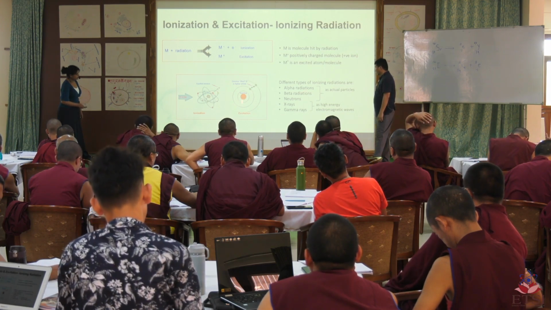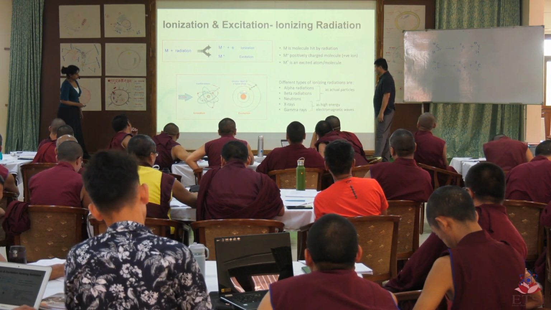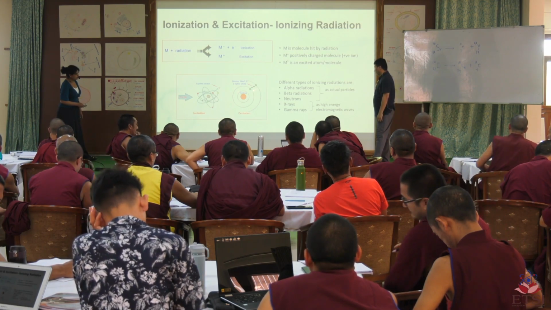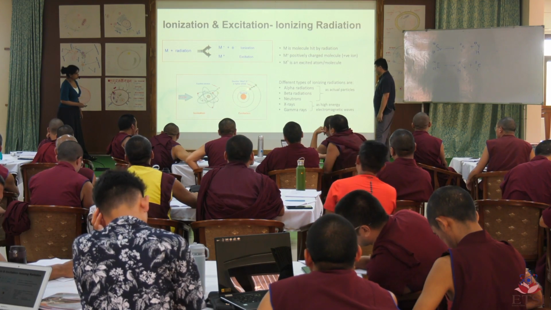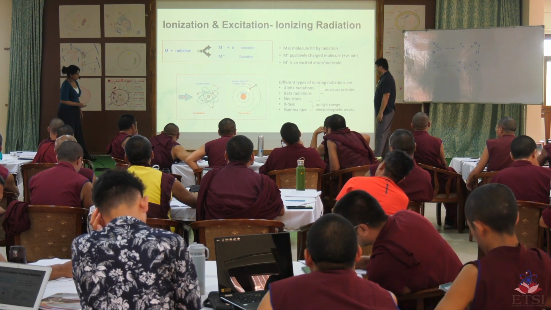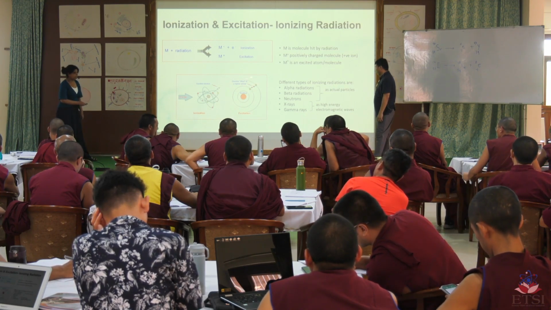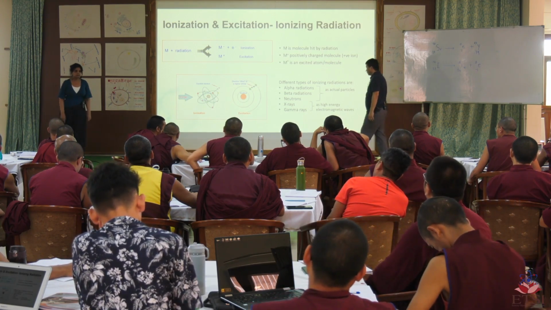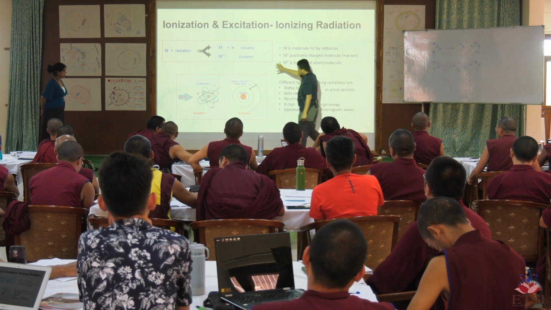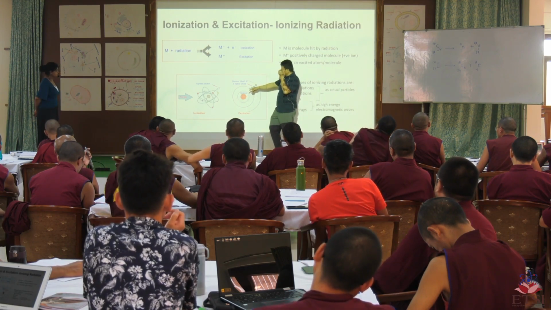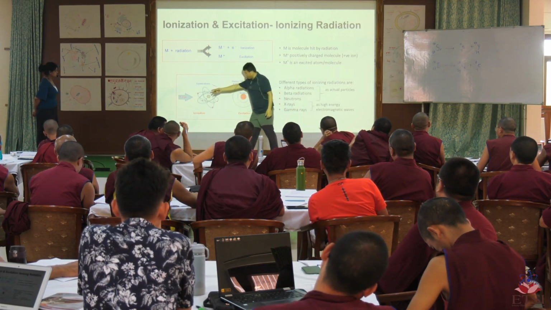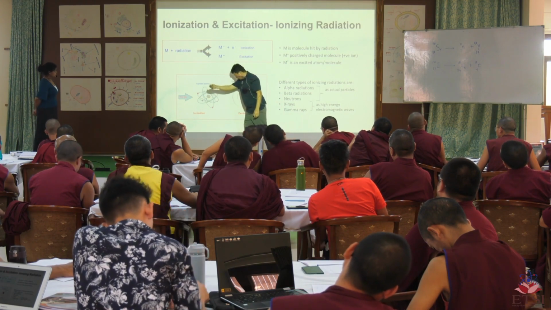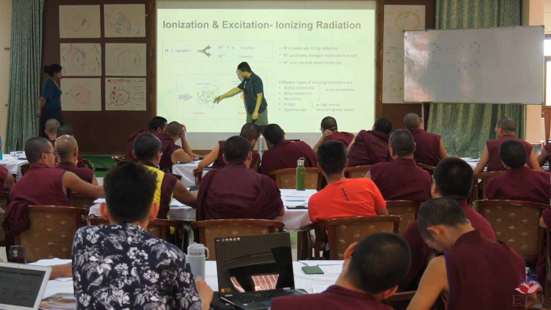And this is excitation, where the electron, which now has the energy from the radiation, gives its energy to the electron from the lower level, which moves to the higher level, but then it has to de-excite itself by releasing a photon.